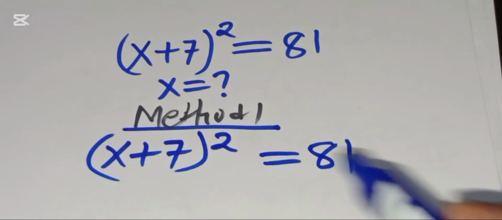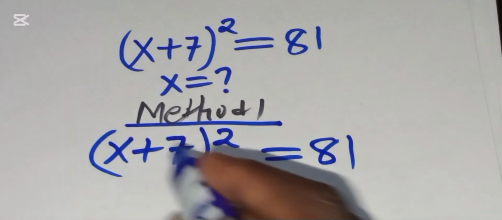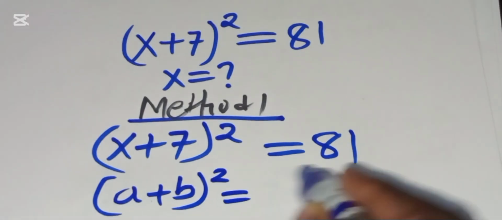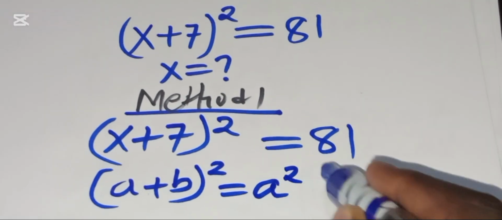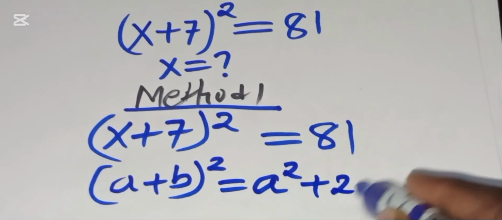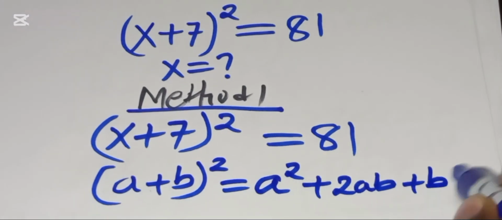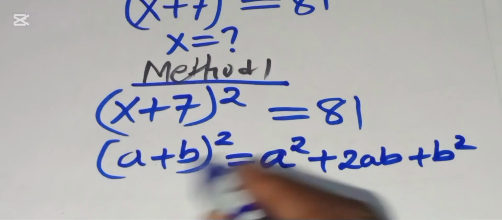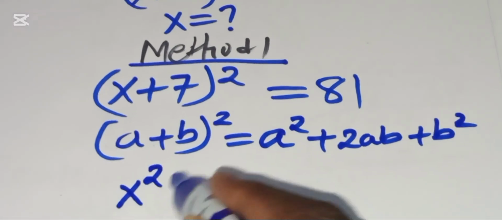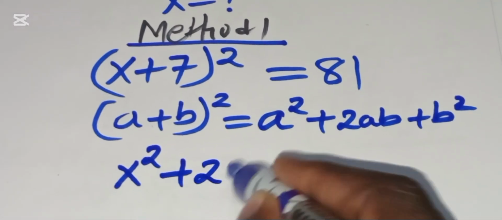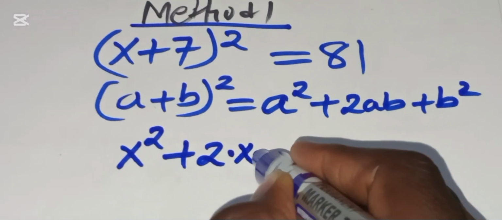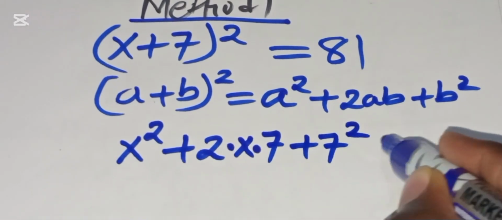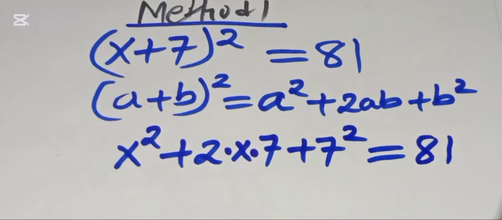Now (x + 7)² is in the form (a + b)², which we can express as a² + 2ab + b². So we are going to have x² + 2 multiplied by x multiplied by 7 + 7², which is equal to 81.